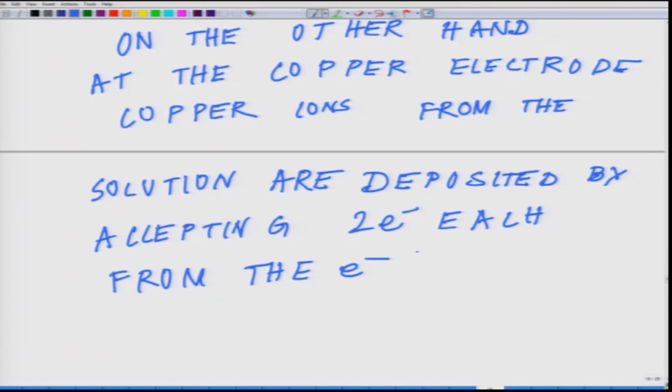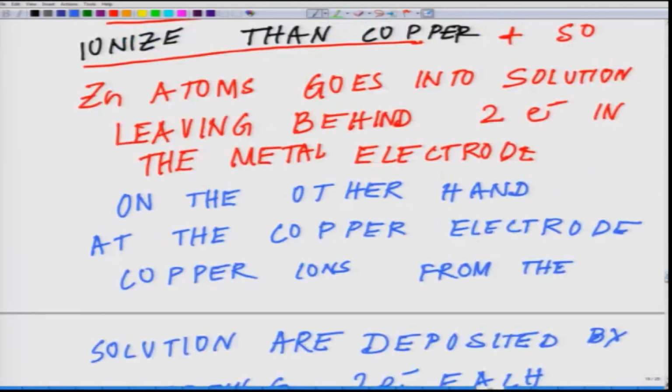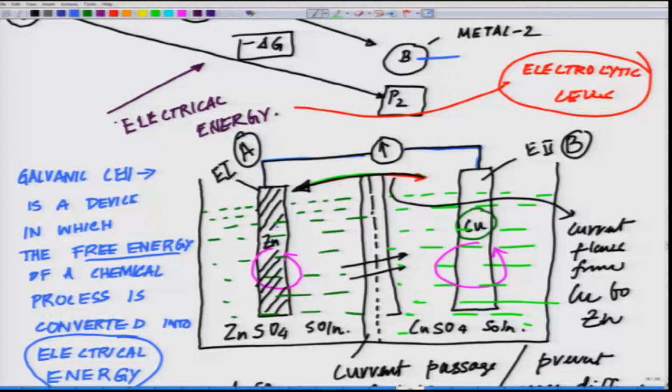Essentially, try to understand what I just mentioned. A zinc atom goes into solution. Here on the zinc electrode, zinc is getting ionized to Zn2+, and you are left with 2 electrons. This happens faster as compared to copper.